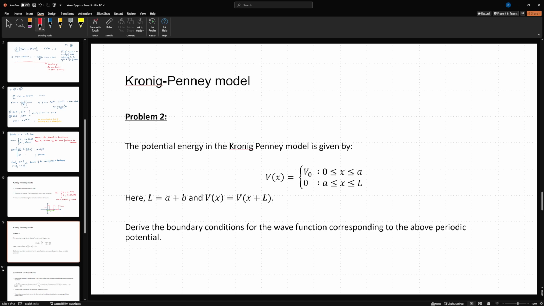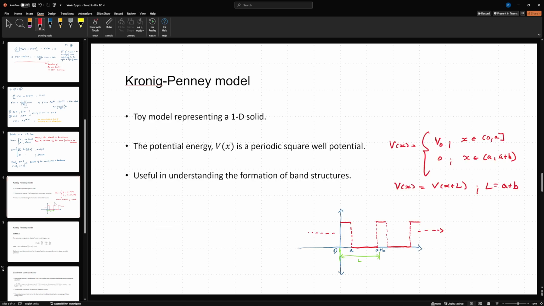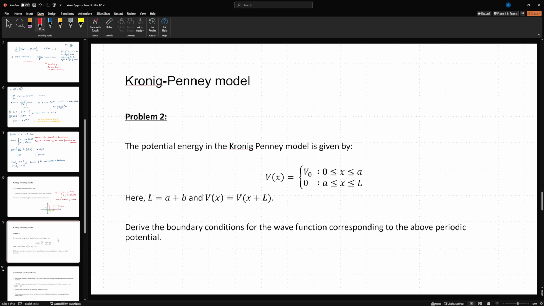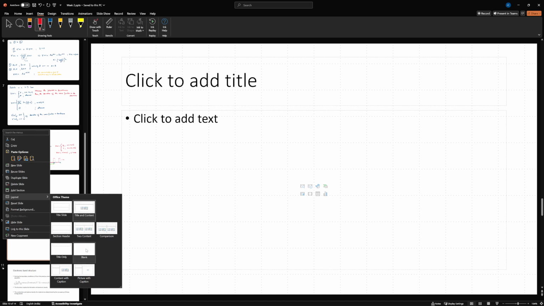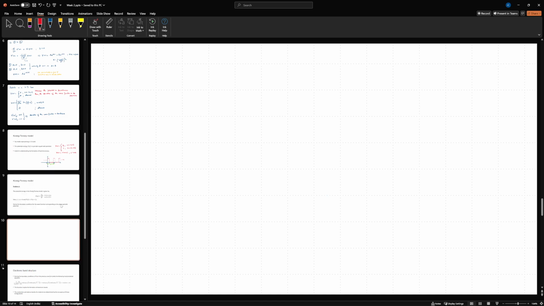Now, the first question is this. We will look at the properties of this by solving the following problem. We need to derive the boundary conditions for the wave function corresponding to the above periodic potential. So how do we do that?